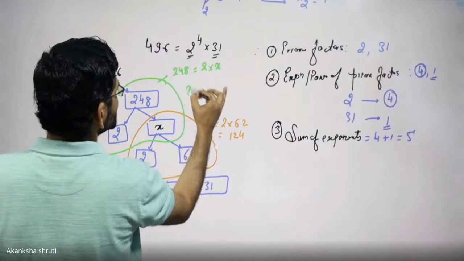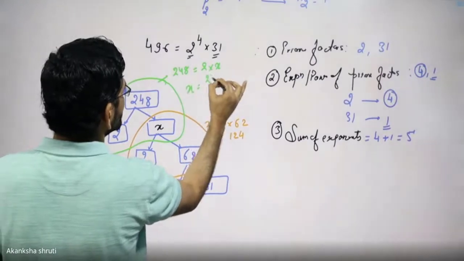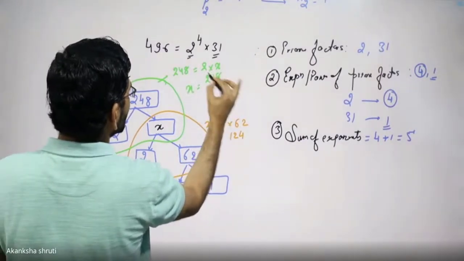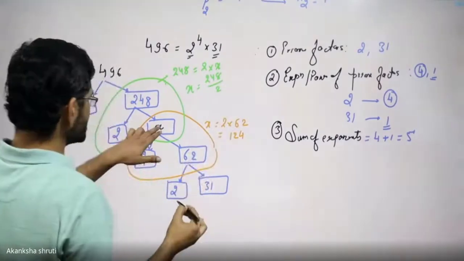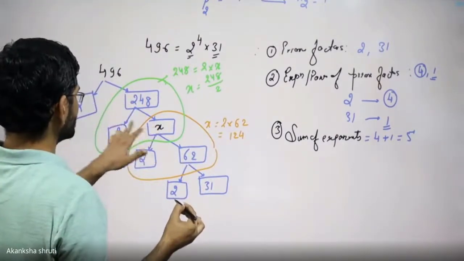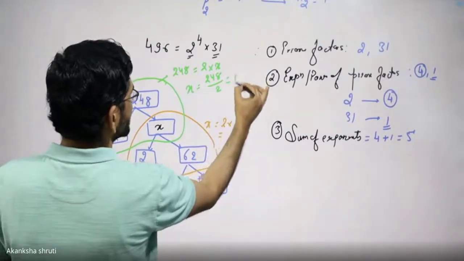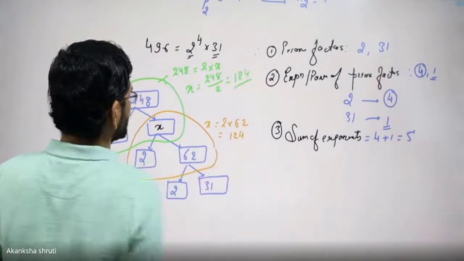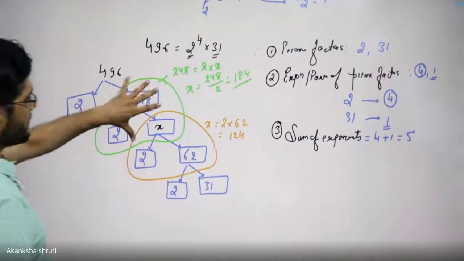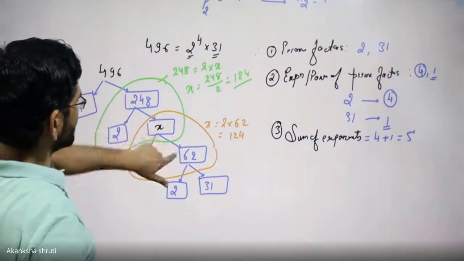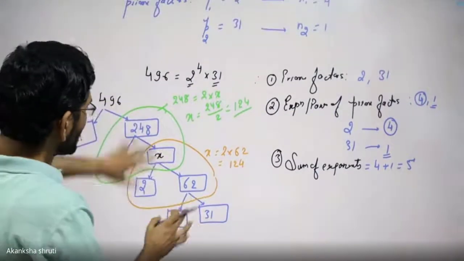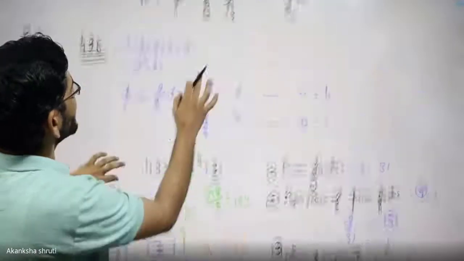So x is obtained by dividing 248 by 2, which again gives 124. Considering the known part of the tree, the unknown can be determined. So these are the applications of this FTA.